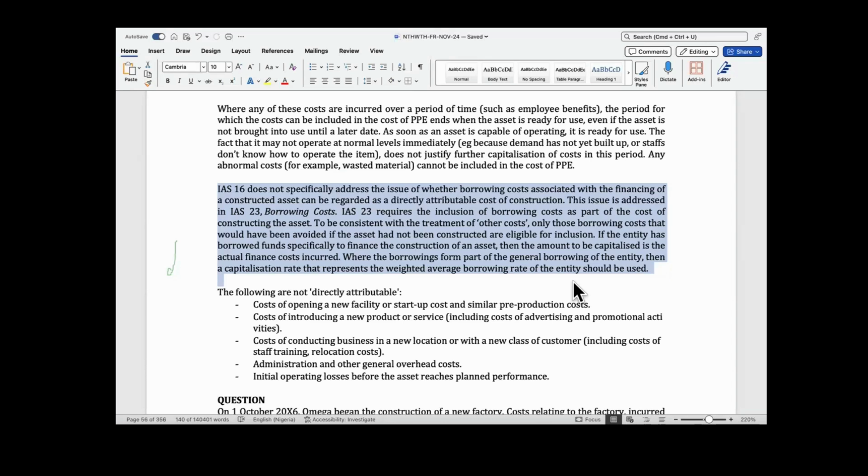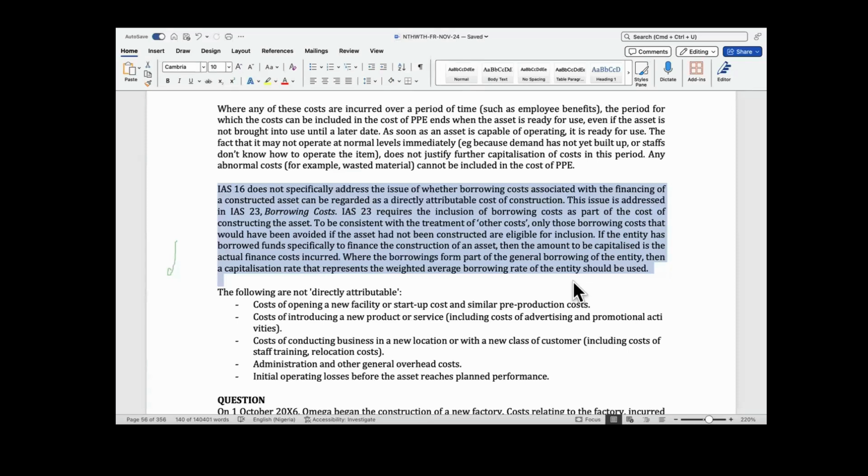The difference is that the one that requires constructing will mean that it will take a long time before the asset is ready. So the interest you are paying, you will add it as part of the cost of the asset. If you see that, at least for now, just know that that should be capitalized.